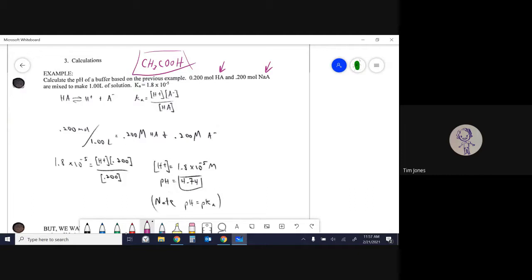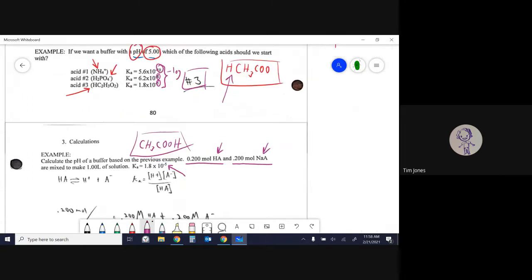So let's do it with a perfect equal ratio where we have 0.2 moles of acid and 0.2 moles of conjugate base. And this is the pH that we had from the prior problem, 1.8 times 10 to the negative 5, which came from right here.